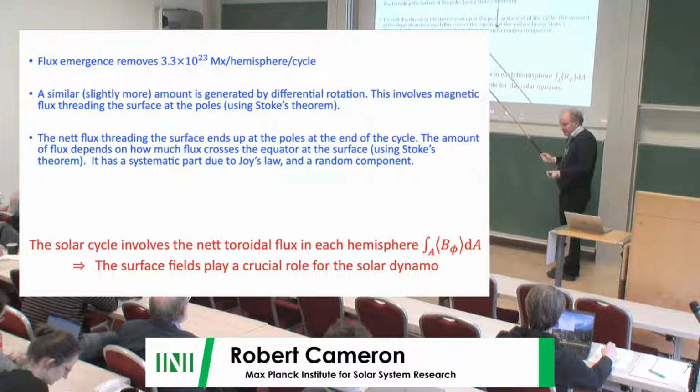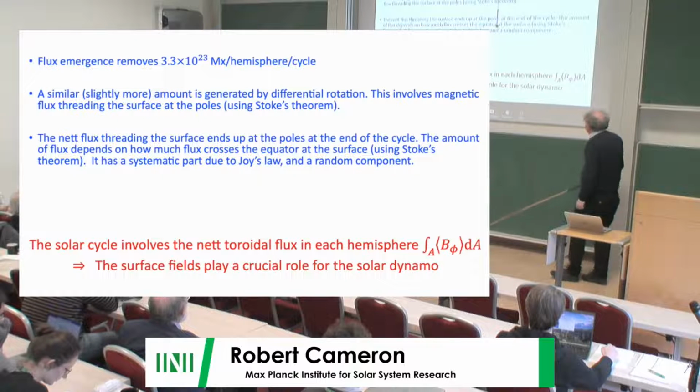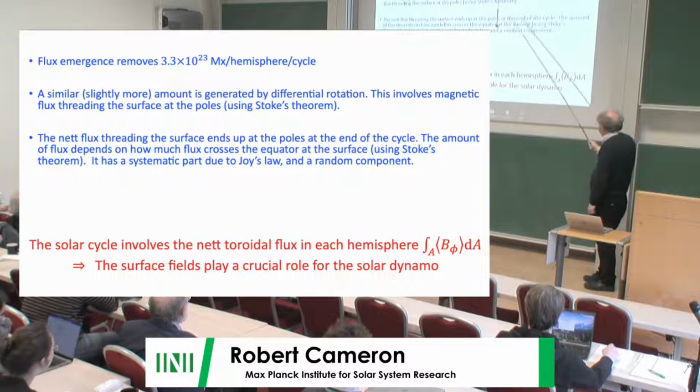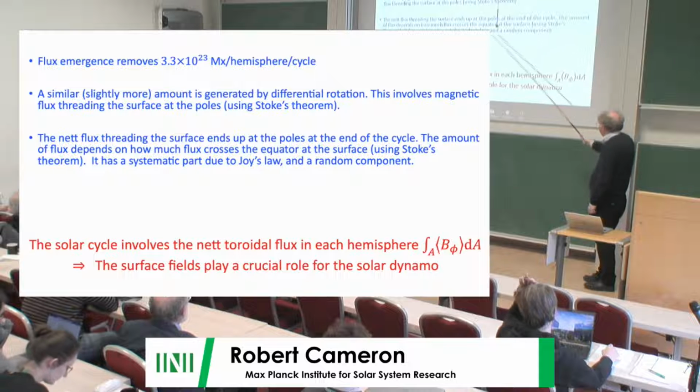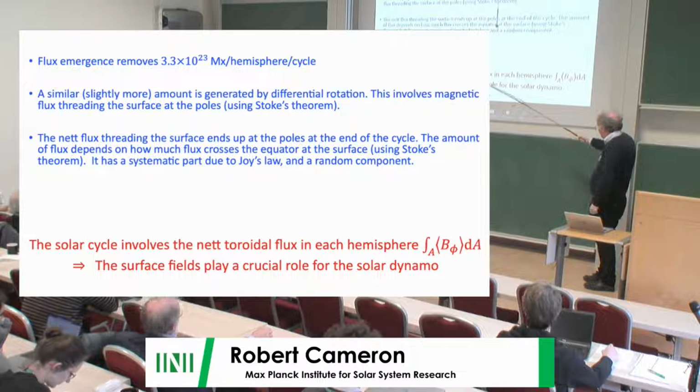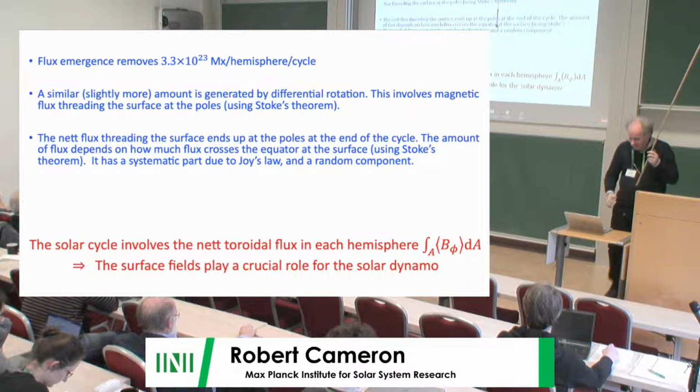If you don't have magnetic field threading through the surface, you don't generate net toroidal field, and therefore you cannot lose it. The net flux threading through the surface at the end of the cycle ends up at the poles. How much depends upon how much is across the equator. So the solar cycle involves the net toroidal field in each hemisphere, and the surface plays a crucial role.